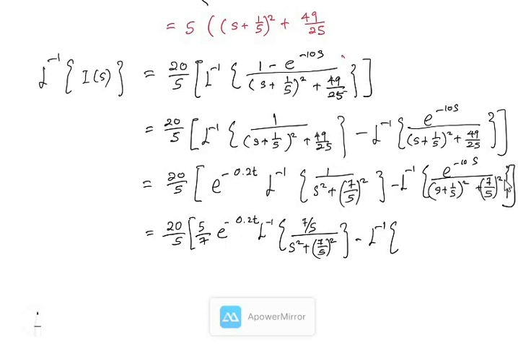Okay, and this part we can do using the second shift theorem. So I'll copy down this one first.